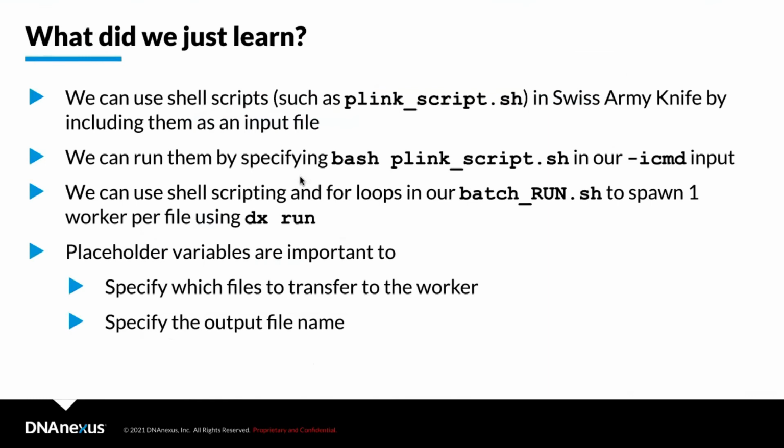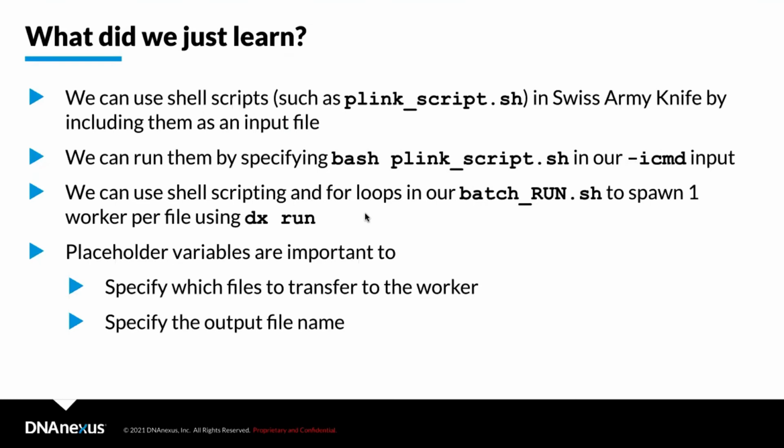So this is a little bit of a whirlwind tour, but I just want you to focus on the fact that you can execute shell scripts on the worker by including them as an input file in your dx run submission. And when you have those shell scripts on your worker, you can specify in your command line input, using bash and the name of the shell script.